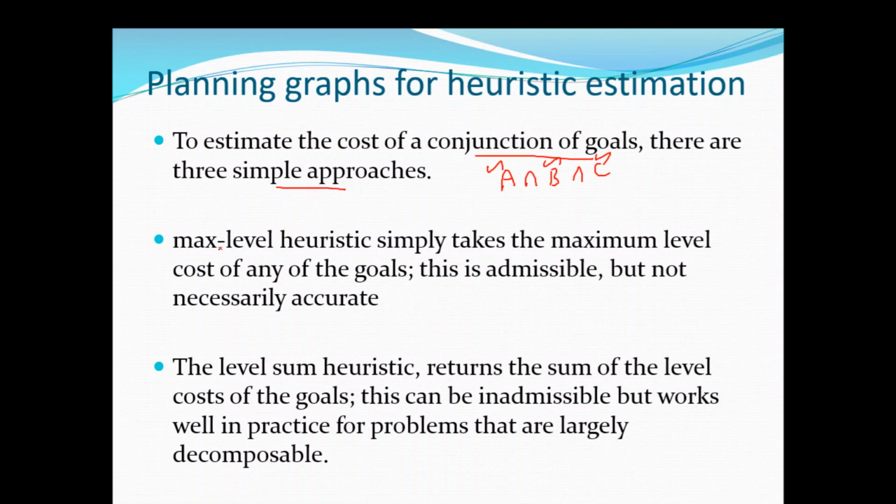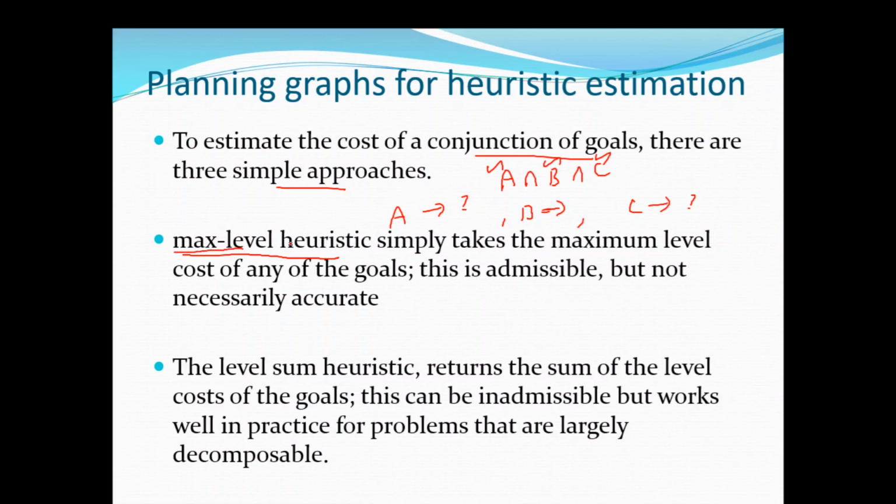The first method is called the max level heuristic. What it says is, you find the level cost of individual goals. For goal A, identify the level cost. For goal B, identify the level cost. For goal C, identify the level cost. Out of these, whichever level cost is maximum, that we will return as the heuristic cost.